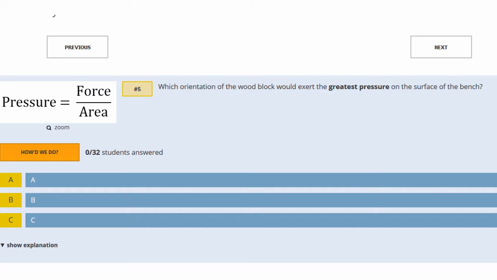And you can talk with your neighbors here if you need to. Here's A, here's B, here's C. Which one is exerting the greatest pressure on the surface of the bench?